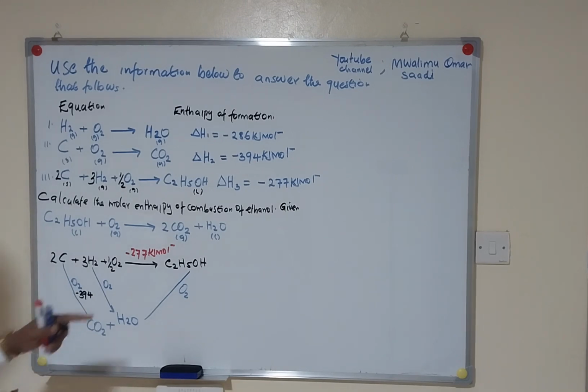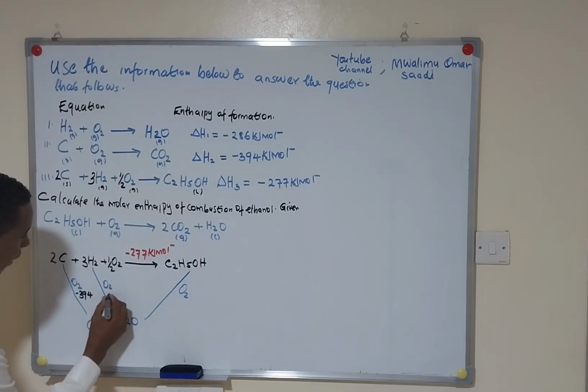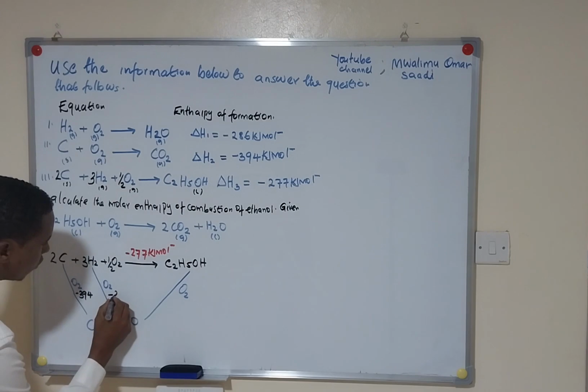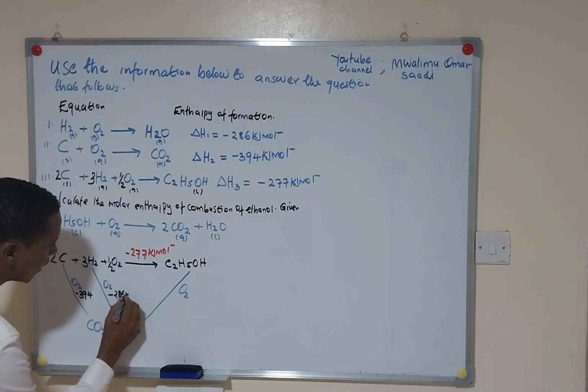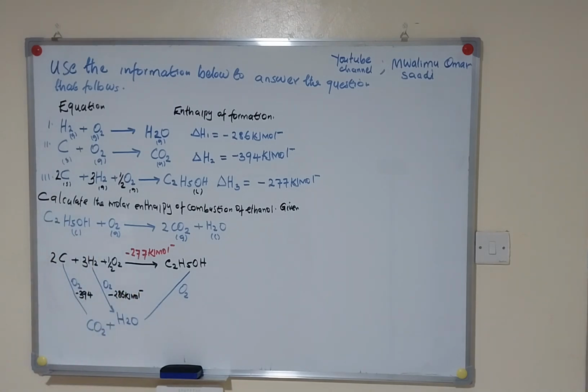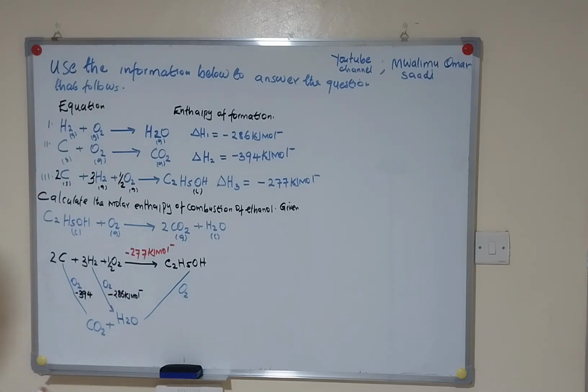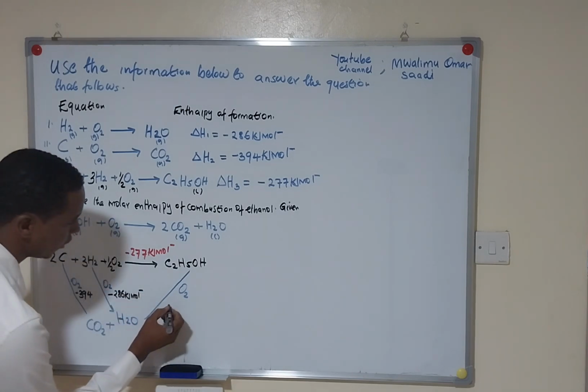And the enthalpy of combustion of hydrogen is negative 286 kilojoules per mole. And the enthalpy of combustion of ethanol, we are given what? That is what we are finding. So this one we don't have.